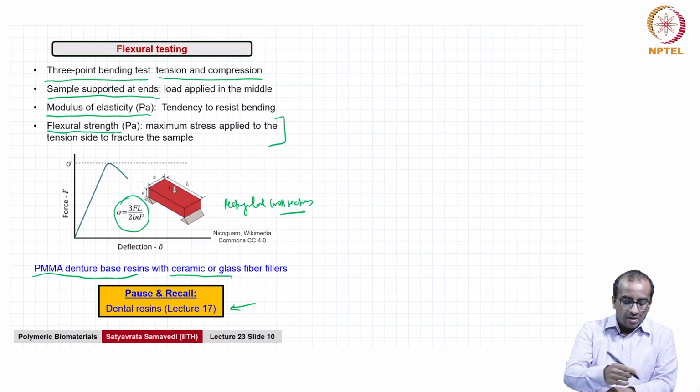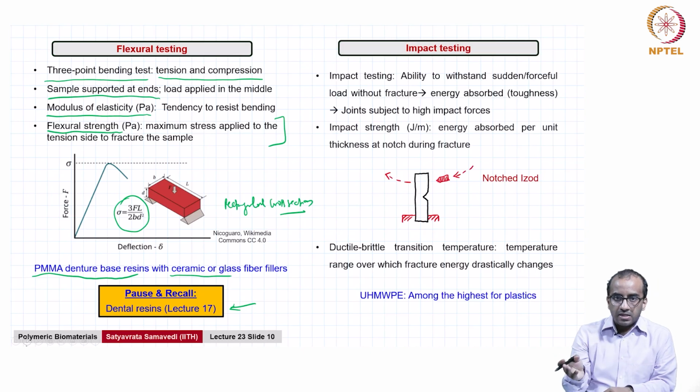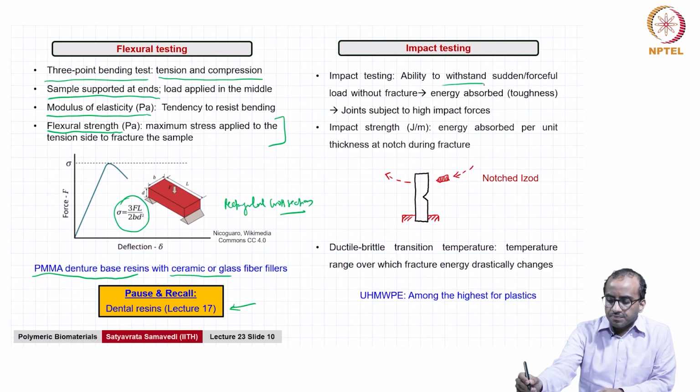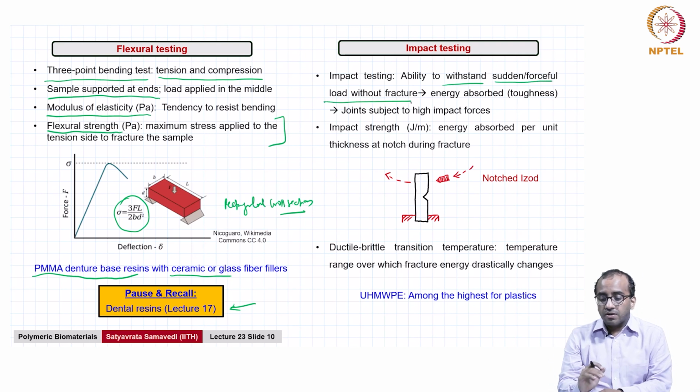And the last test that we will look at, at least in this lecture, is called impact testing. Now, impact testing simply is the ability to withstand sudden or forceful loads without fracture. There are multiple ways to do this test.